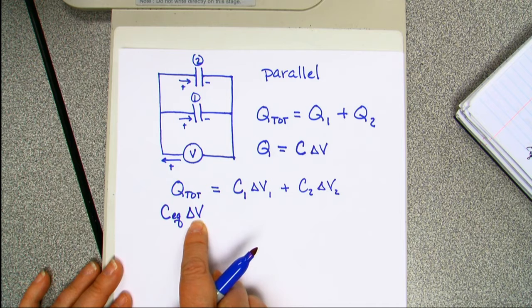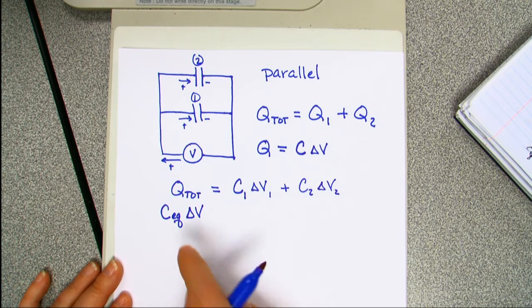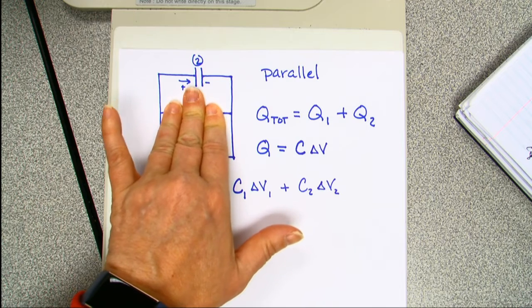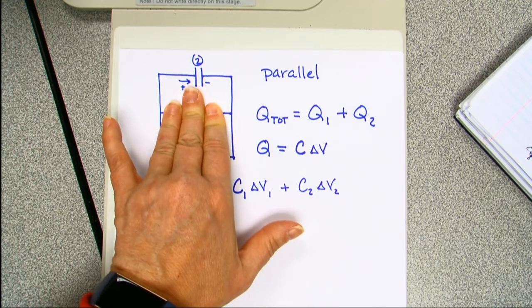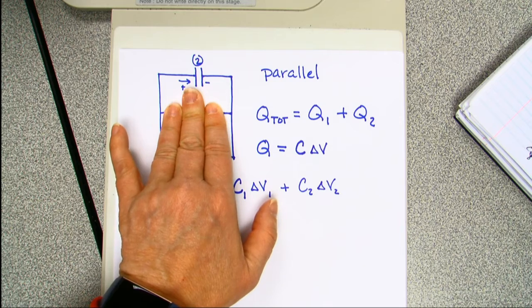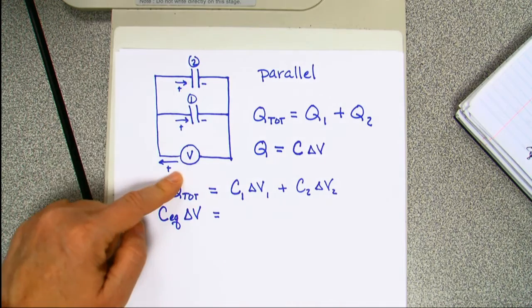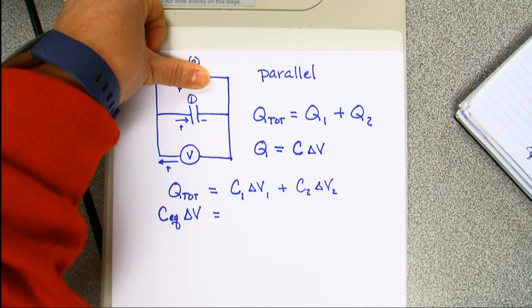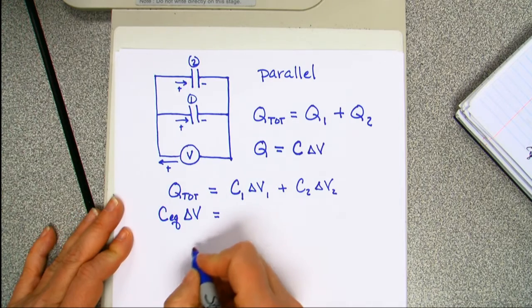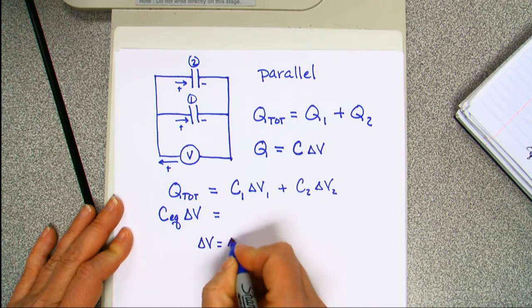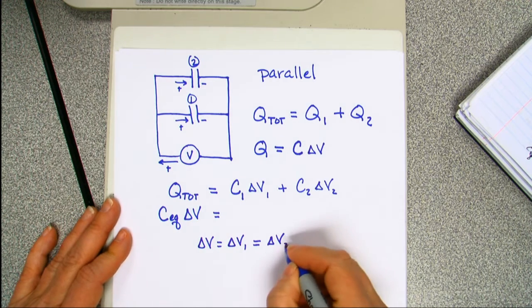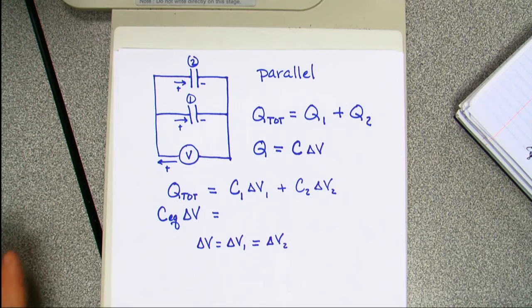For the whole system. Well, it turns out that when I have a system in parallel, again, because I could break this one and the system would still work. If I broke this one, the change in potential is equal to the change in potential that I have right here. If I break this one, the change in potential is the same change in potential. So it turns out that my change in potential doesn't matter whether I'm in 1 or in 2, it's all the same. It's totally all the same.